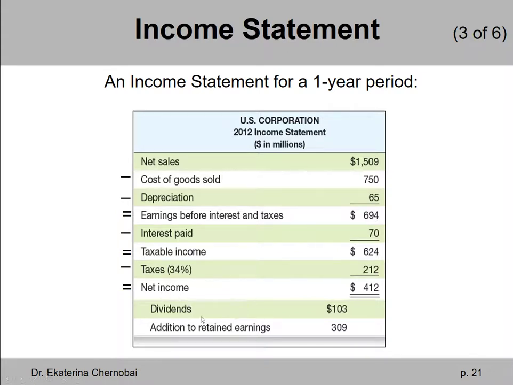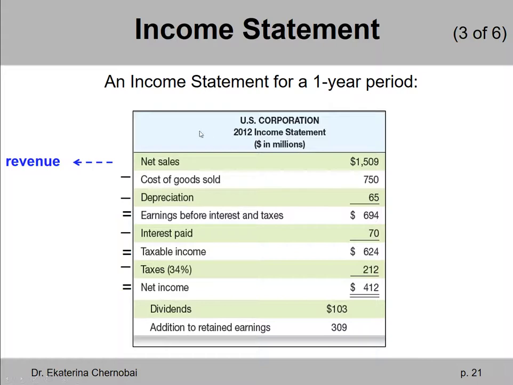Or, like in this example, it actually doesn't distribute all of its profit among stockholders in the form of dividends. So only part of the net income is paid out as dividends, and the rest is retained. So this amount, the retained earnings, is then added to the balance sheet under equity on the bottom right.